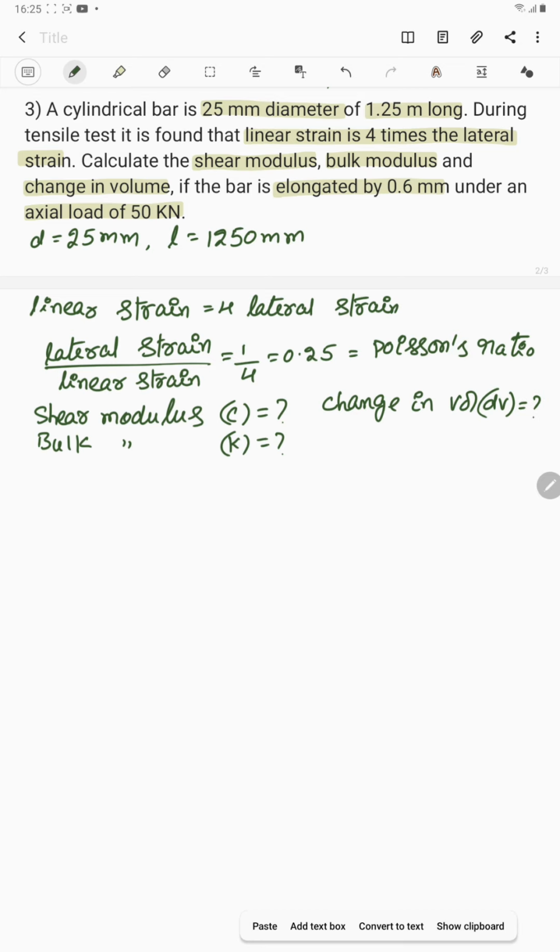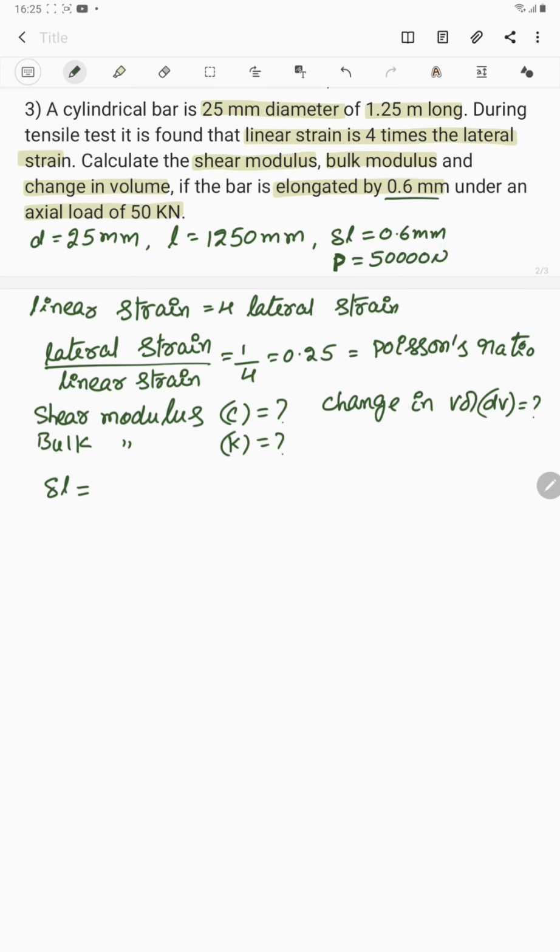Now first let us find the E value. Change in length delta L is given, 0.6 mm, and the load P is given, 50,000 newtons. This load is causing the change in length. Delta L equal to PL by AE.